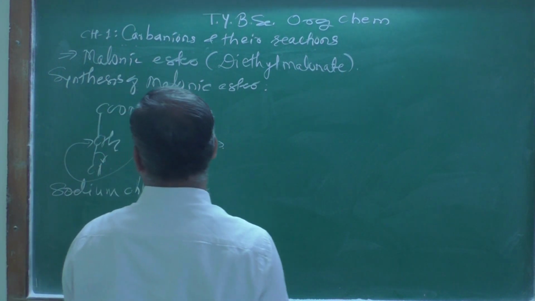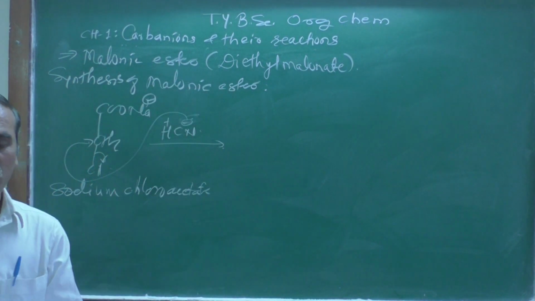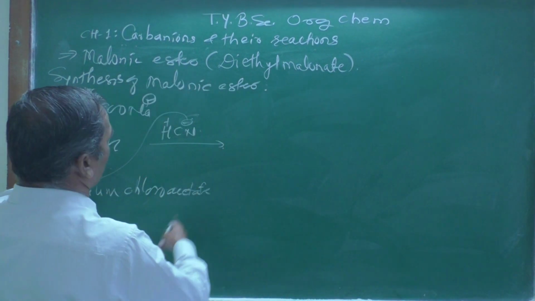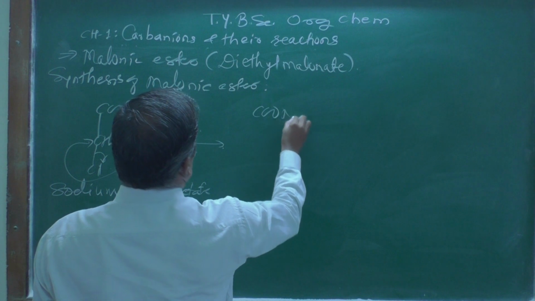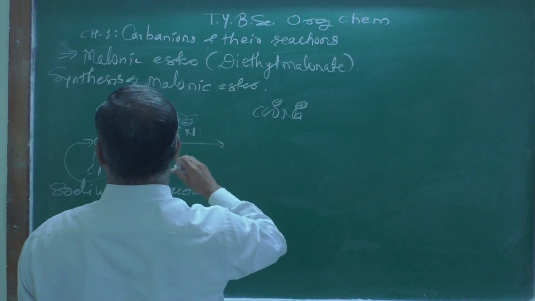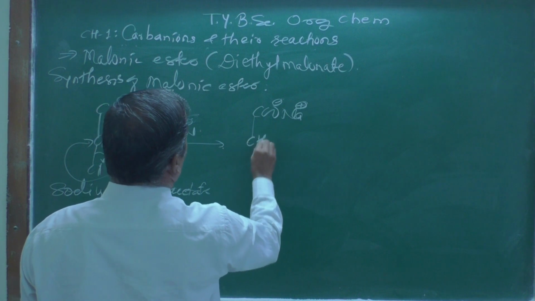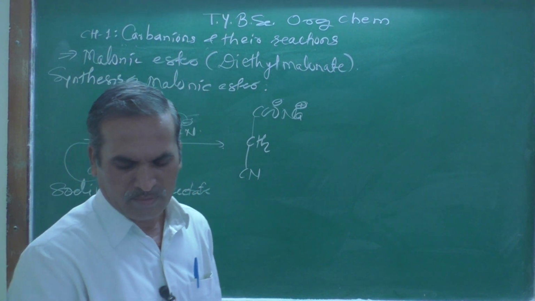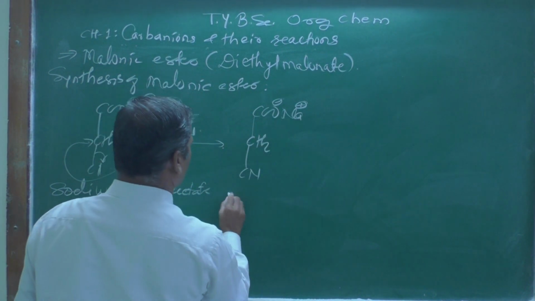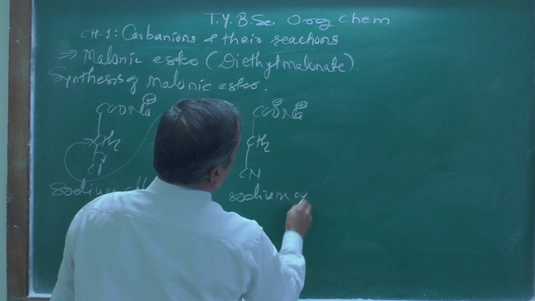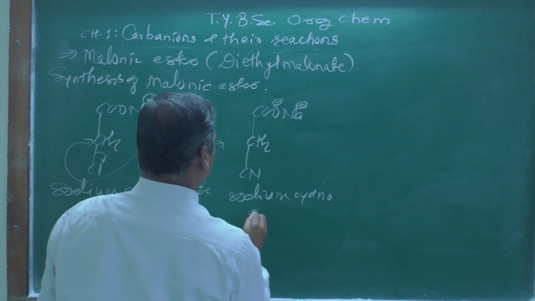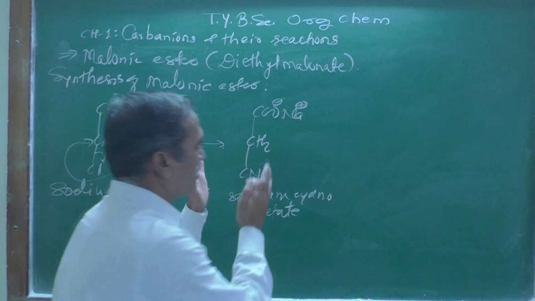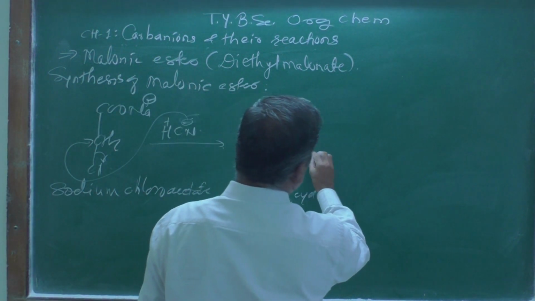There is a departure, because this is a nucleophilic substitution type of reaction, and therefore you are going to get over here C double bond O Na, with plus and minus charge on the oxygen atom, and then there will be a CH2 and cyanide group over here, and that is called sodium cyanoacetate. This is the name of this intermediate or compound.